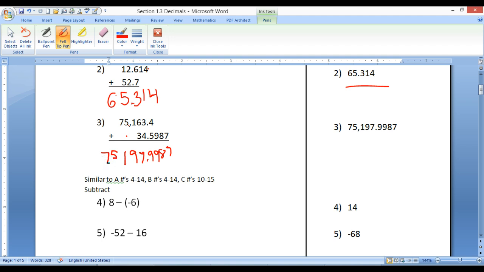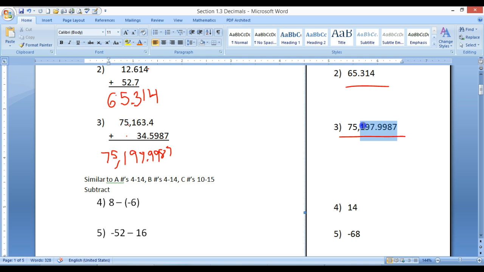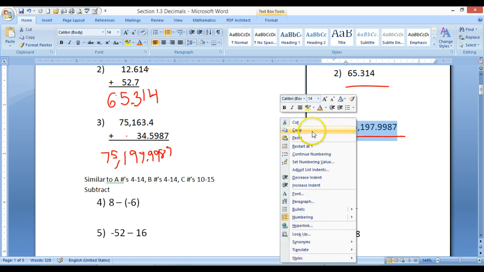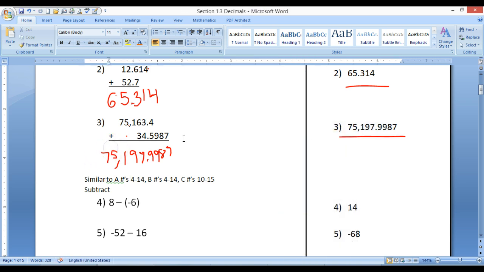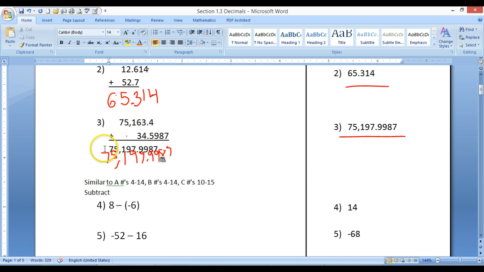I apologize, those aren't lined up perfectly underneath as they should be, that's just how it is when I write things out. Okay, so I have 75,197 and 0.9987, which matches over here, and if I were to copy and paste that over here, it would look much nicer and everything would be lined up, which it should be when you're doing this by hand.